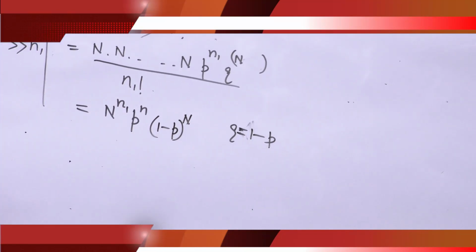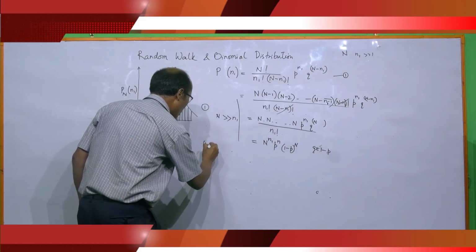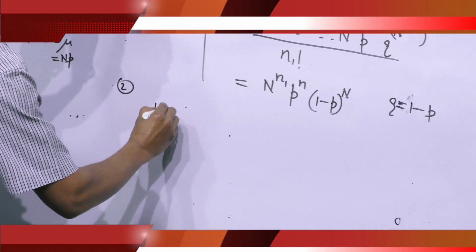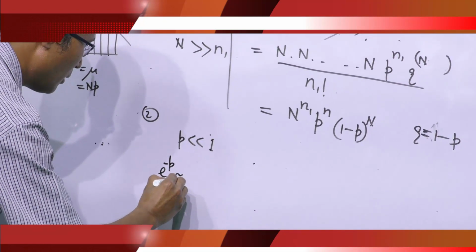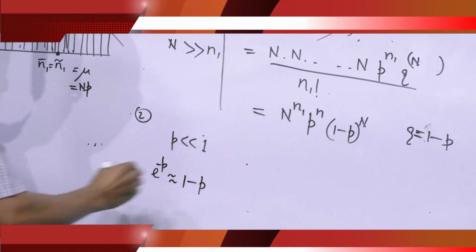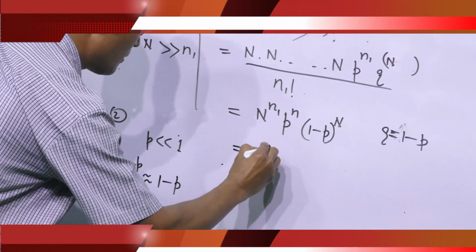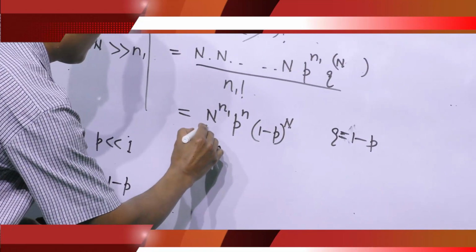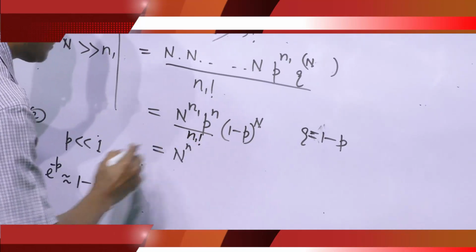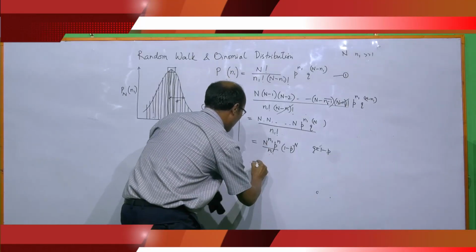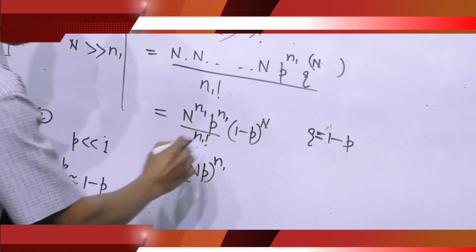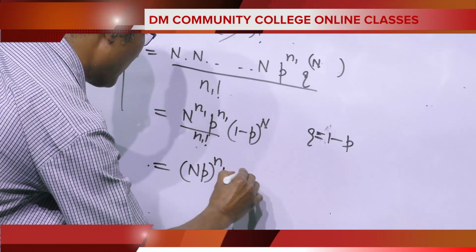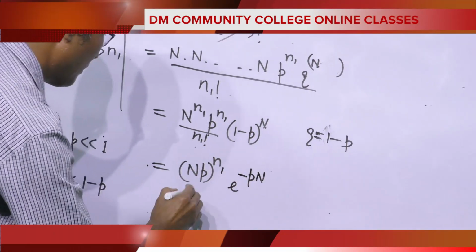And there is another condition, number 2, that p is much less than 1. Under this condition, e to the power minus p is approximately equal to 1 minus p. So we can use this relation to write this as (np) to the power n1, e to the power minus np, divided by n1 factorial.